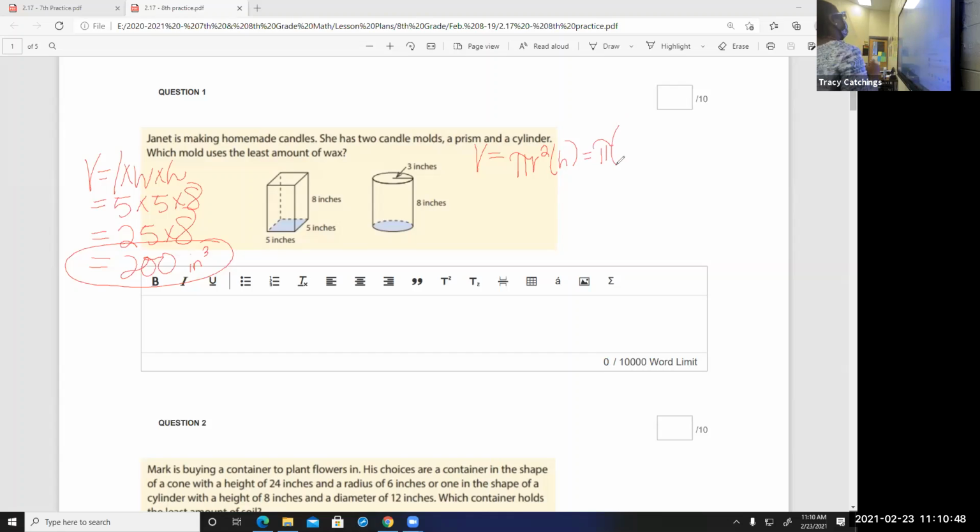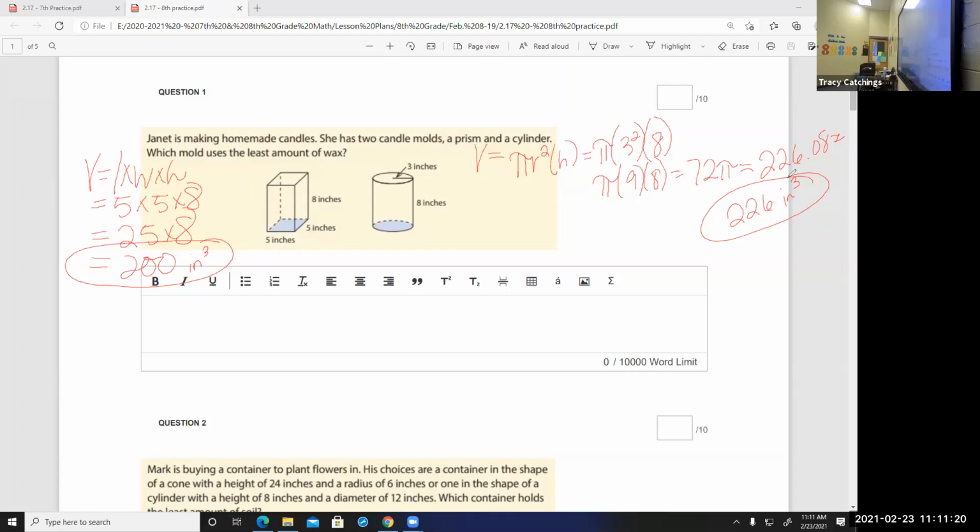All right, what's the radius? Good job. And the height? What's 3 squared? 9 times 8? 72 times pi? We could just say about 226 cubic inches.